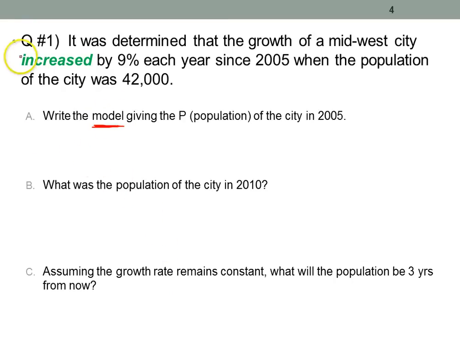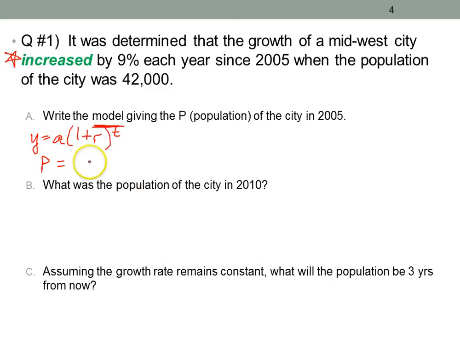So our general equation, because of this word right here, increased, is going to be y equals a(1 plus r) to the power of t. Increase, so we're using that plus sign. Now, plugging in what we know to actually get our equation. The population is going to equal our starting amount.